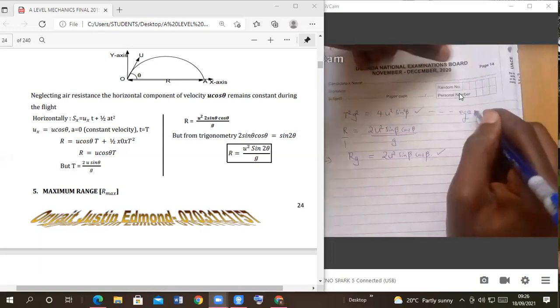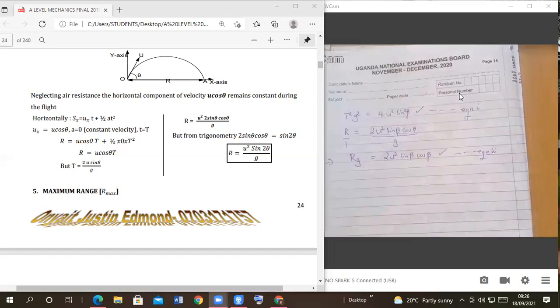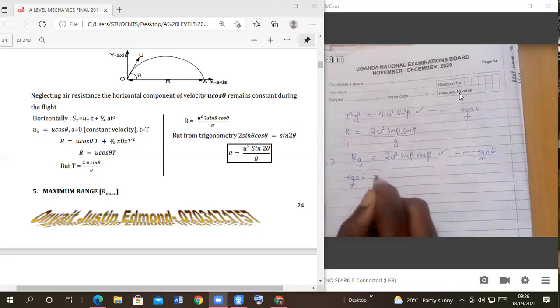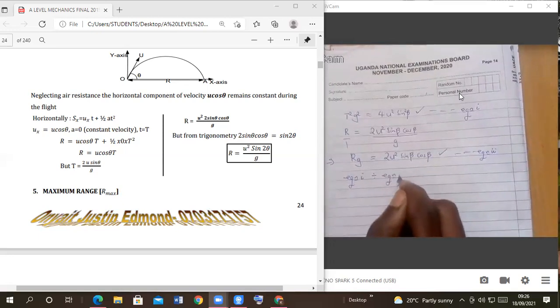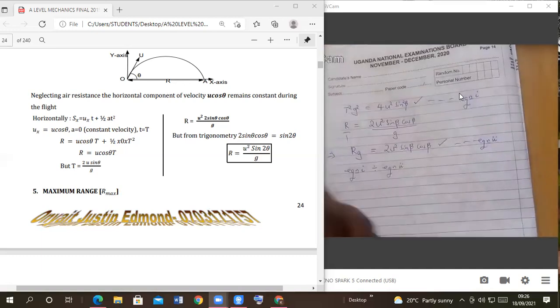Let's say this is equation 1 and this is equation 2. So we should say equation 1 divided by equation 2. Why do we do that? Because we want to create tan.